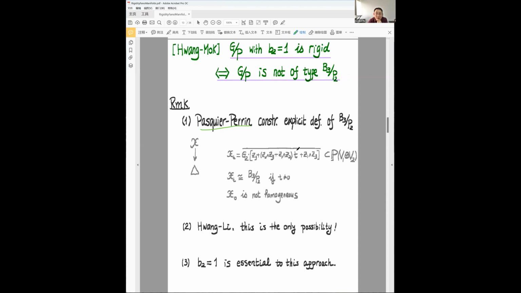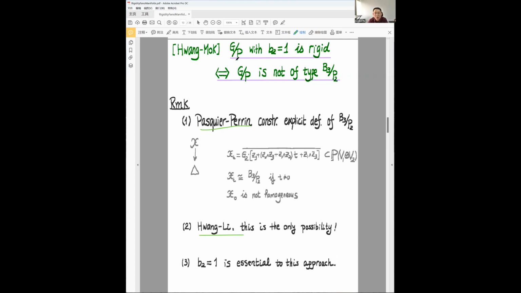T is the parameter, and when T is non-zero, this orbit closure is just B3 mod P2. When T is 0, you find that this central fiber is not homogeneous anymore. So this gives you an explicit deformation of B3 mod P2. And then recently Hwang and Qifeng Li showed this is the only possibility to deform B3 mod P2 to another variety.